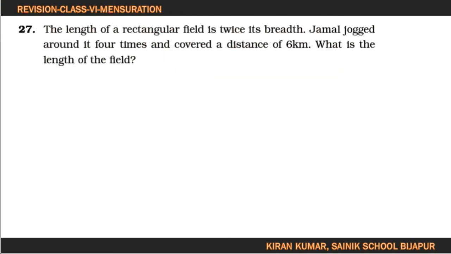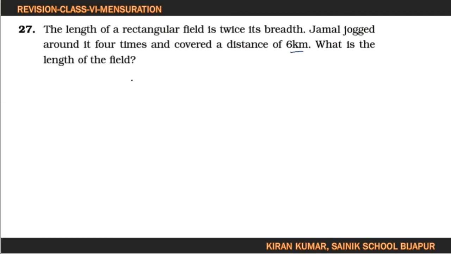Question 27. The length of a rectangular field is twice its breadth. Jamal jogged around it 4 times and covered a distance of 6 kilometers. What is the length of the field? Here it's a rectangular field and they have given the length of the field as 2 times the breadth.